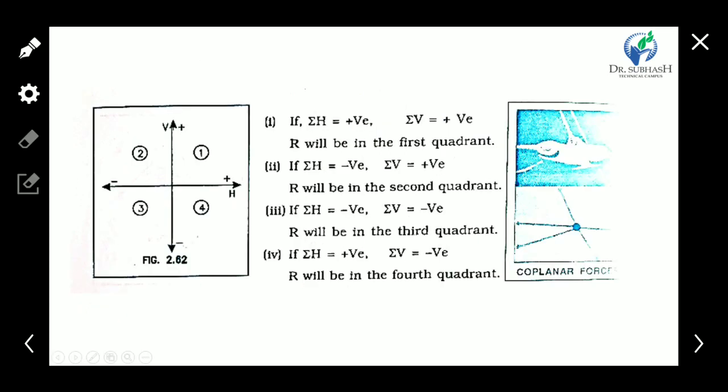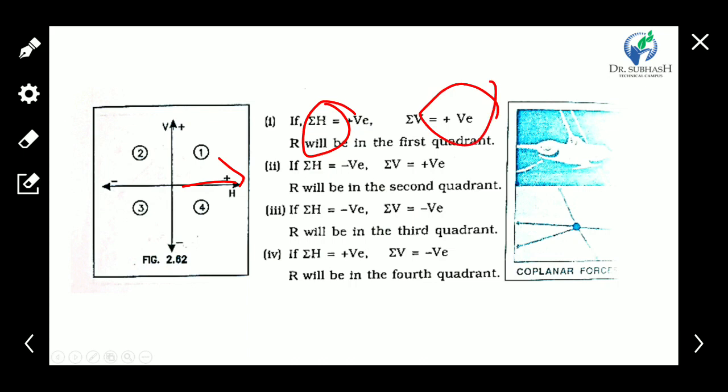Clear? Now, how is the sign decided, whether positive or negative? The component is positive or negative according to the direction. If the summation of horizontal is positive and the summation of vertical is positive, then the resultant should be in the first quadrant.